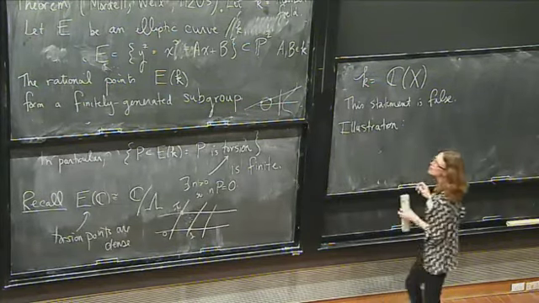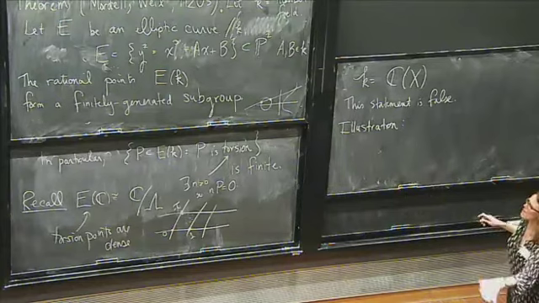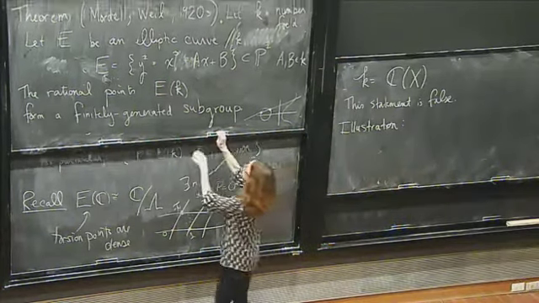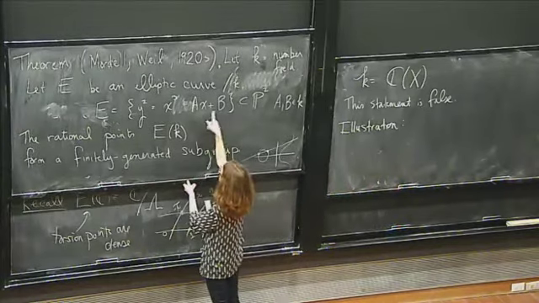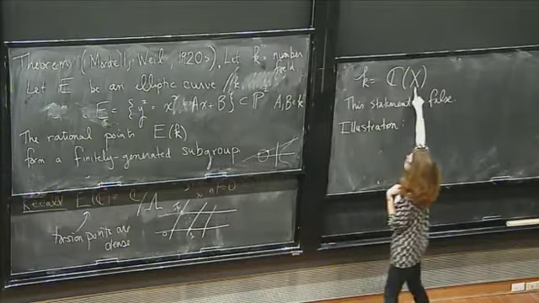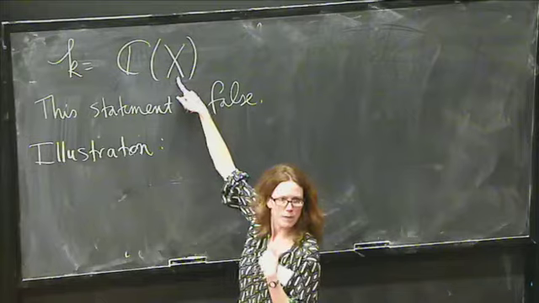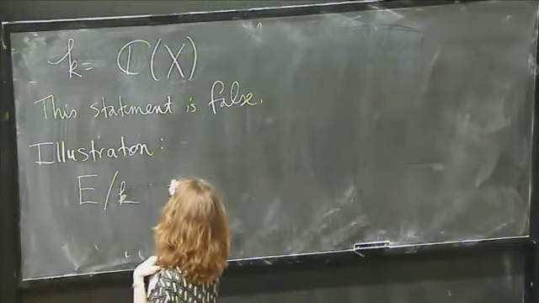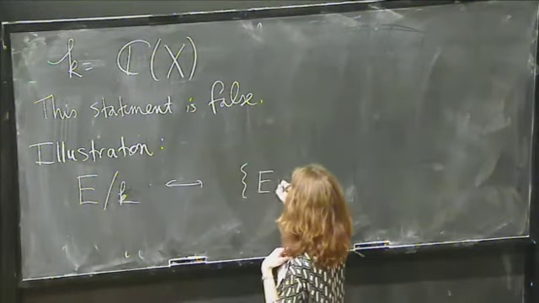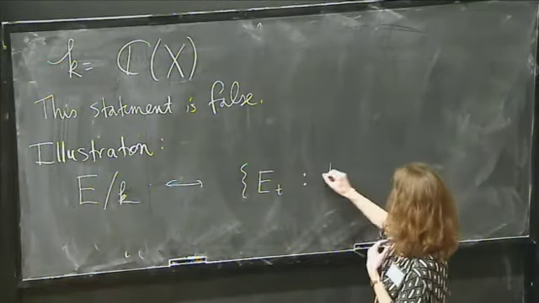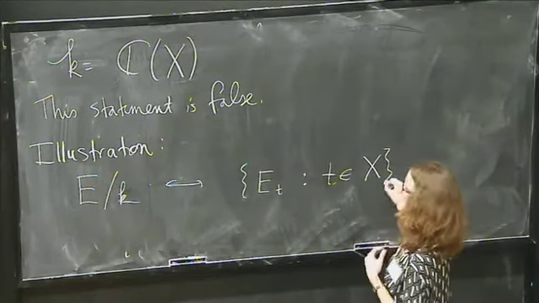So of course, what does it mean if you think of an elliptic curve over a function field? These coefficients here, a and b, are now meromorphic functions on x. So they depend on some parameter t. So you can think of your elliptic curve over the function field as now some holomorphic family of elliptic curves, parameterized by t in your base x.